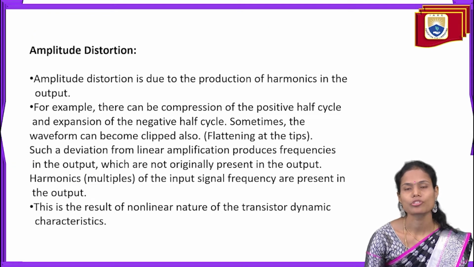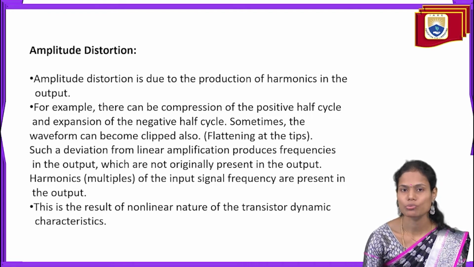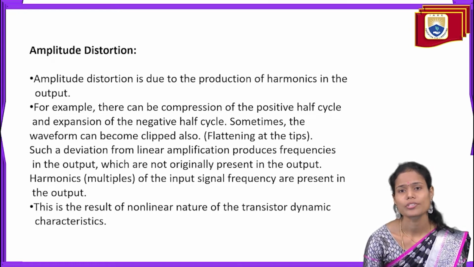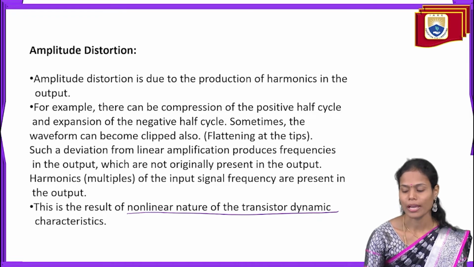Coming to the amplitude distortion, some level of the signal will be clipped, that may be at the positive level or the negative level, or else in some cases the amplitude of the signal will be reduced, on the positive side or the negative side. This particular amplitude distortion is a result of the non-linear nature of the transistor dynamic characteristics. Because of that reason we are getting the amplitude distortion in the amplifier.